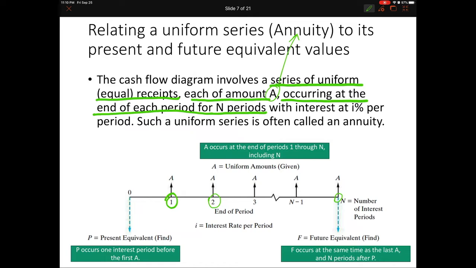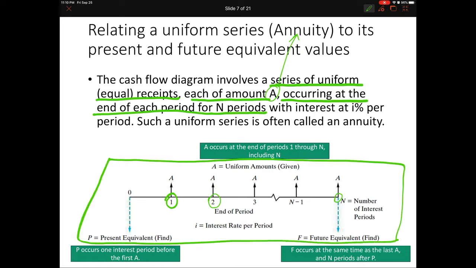So this graph is a typical graph for an annuity. You will see arrows of the same length at the end of the first period, the second period, the third period, the n-1 period, and the end of the n period. They are the same length, which means they are the same amount, and you label them with the same amount.